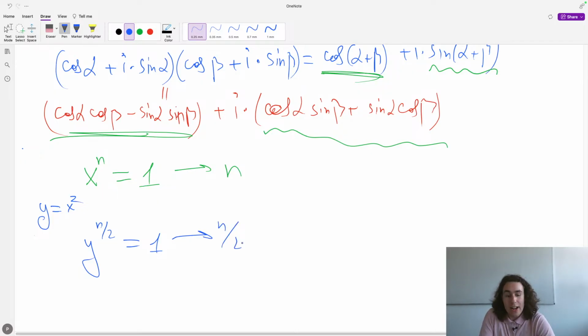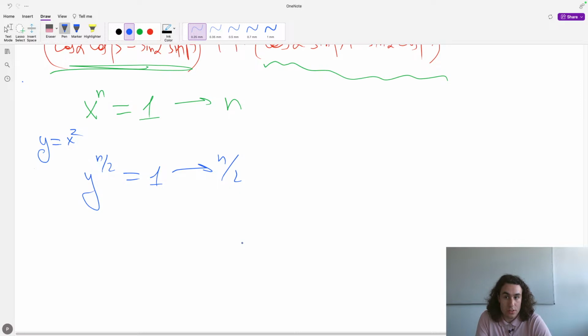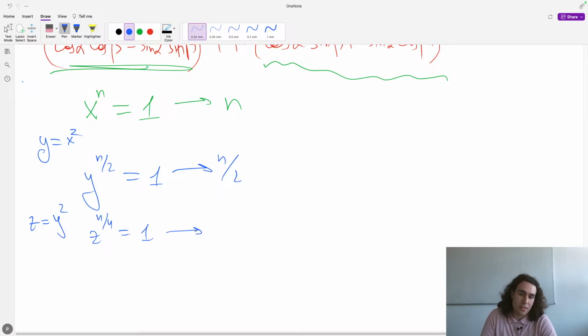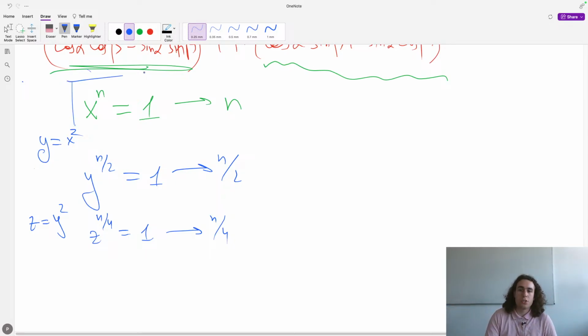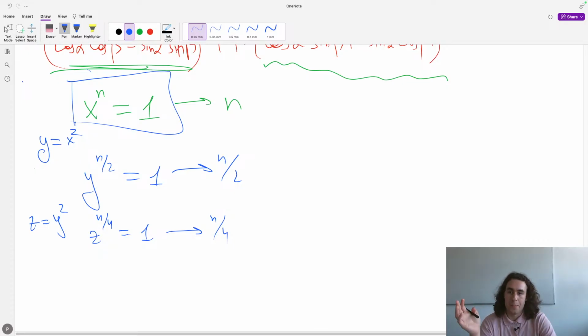And now there are n half of such solutions. Now we square them again. So z is y squared, and we're interested in solutions z to the 4 is equal to 1. There are n over 4 such, and so on. So this will always work. If we start with solutions to this equation, then on every next iteration of our divide and conquer, we're going to get twice fewer values.